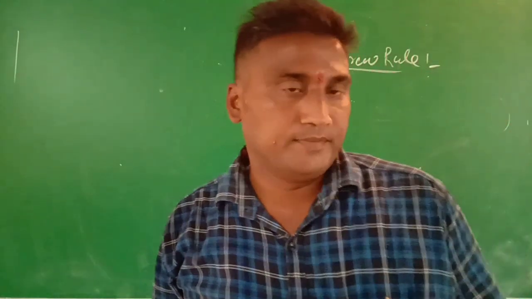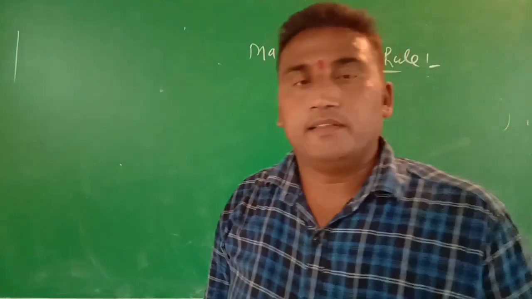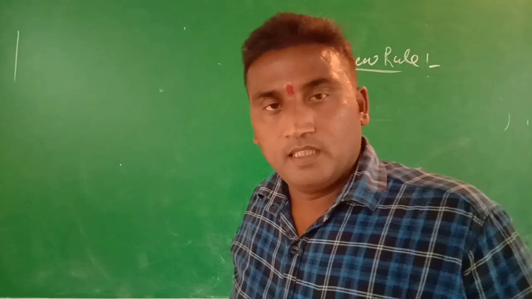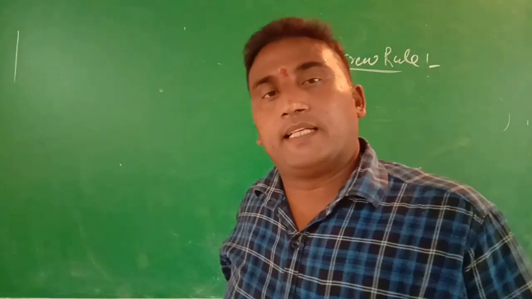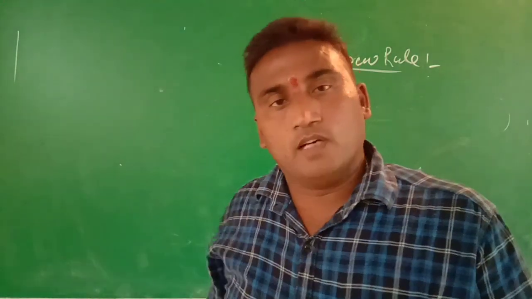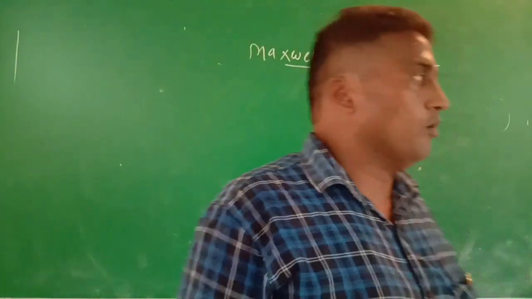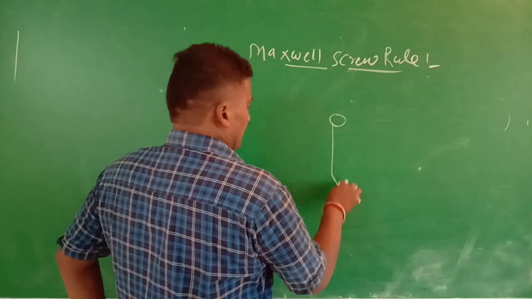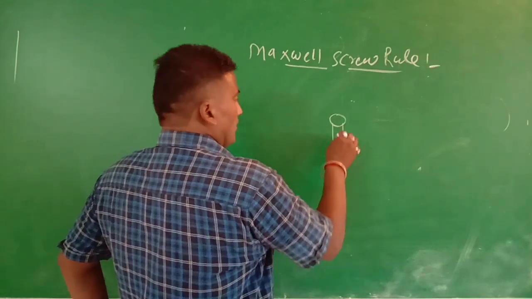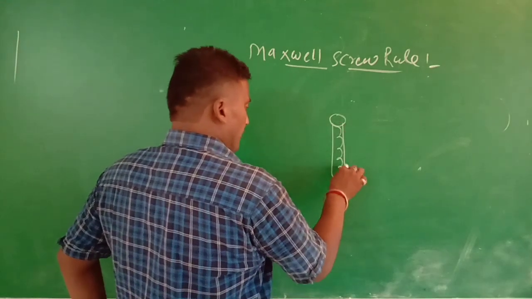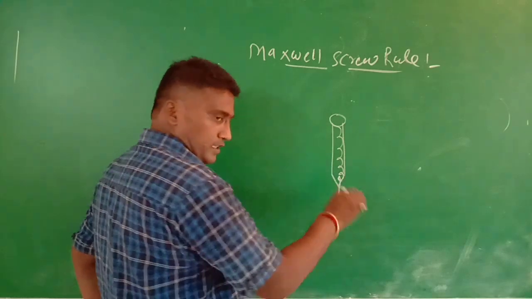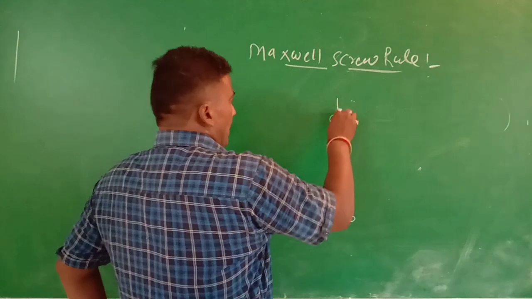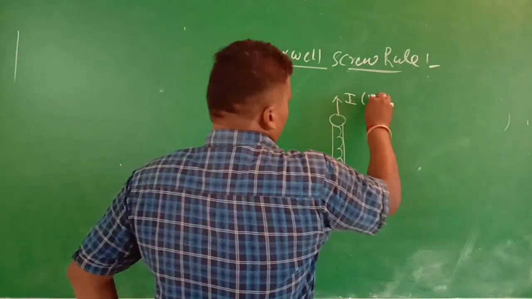Let us consider that when any screw is closed with the help of a screwdriver, then the direction of the magnetic field is going downward and the direction of current goes upward. Let us consider a screw. When any screw is closed with the help of a screwdriver, its spiral structure goes inward. Then the direction of the magnetic field is downward and the direction of current is up.